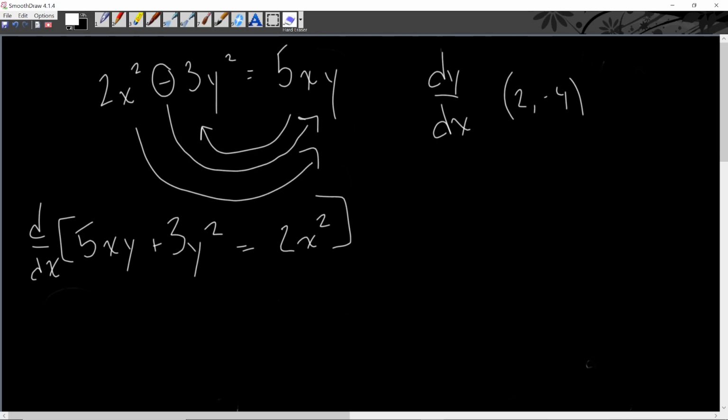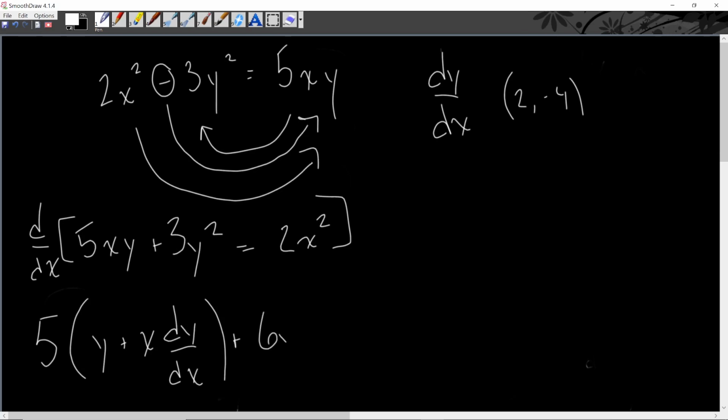Well, we have that 5 in the front, so we have 5 times y plus x dy dx plus 6y dy dx equals 4x. Or, sorry, I didn't show the work for that one. We just bring that 2 out to the front. 2 times 2 is 4, times x to the 2 minus 1, which is 1.